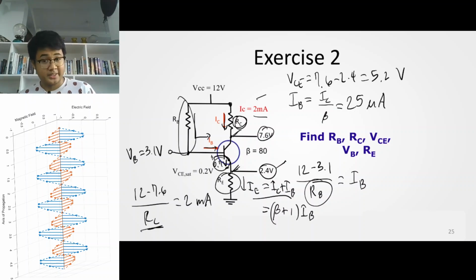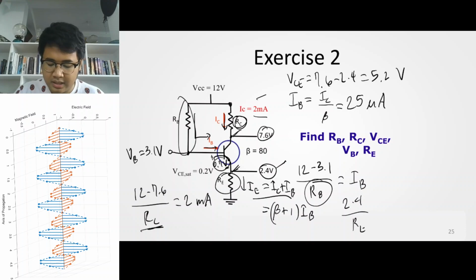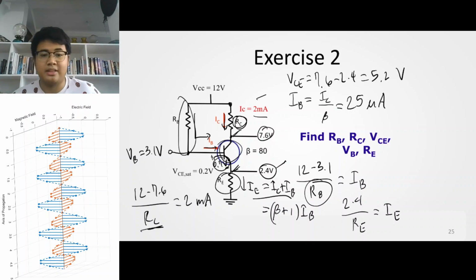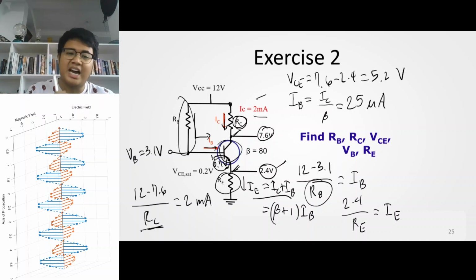We can now solve for RE using the potential difference at RE. So this is 2.4 volts divided by RE, which is equal to IE. You will now get the values of the resistances such that your transistor is operating in the forward active region. And that's how you design a transistor circuit.